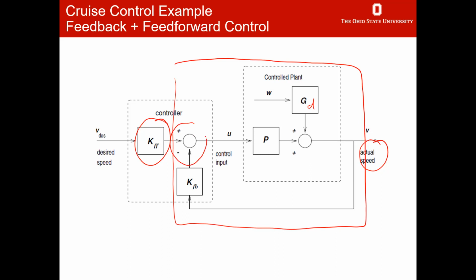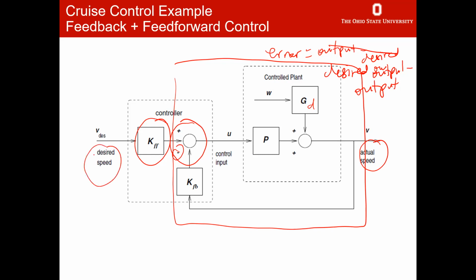Remember, the feedback is happening, and we call this negative feedback because there's a minus sign here. Because error is equal to output minus desired output. Sorry, desired output, just the other way around. Desired output minus output.